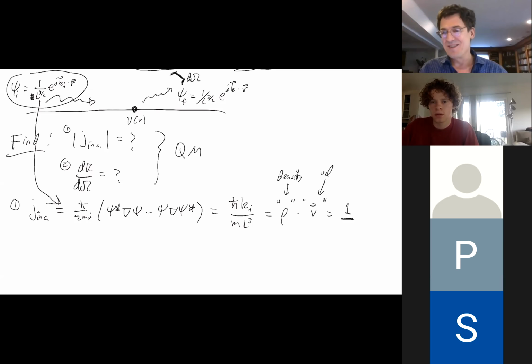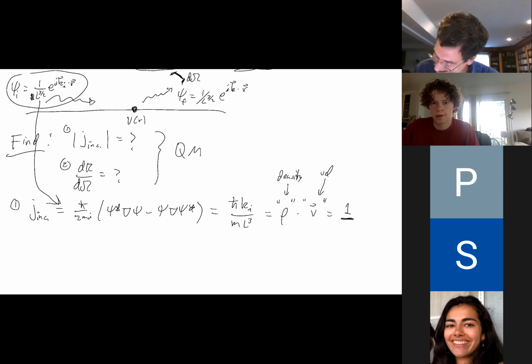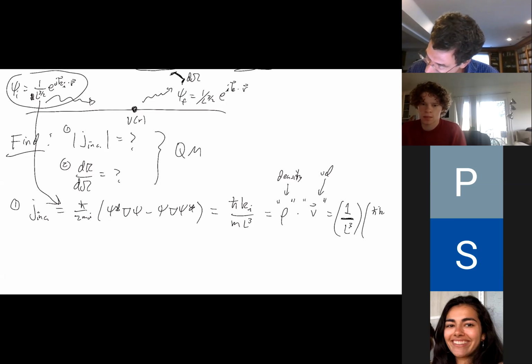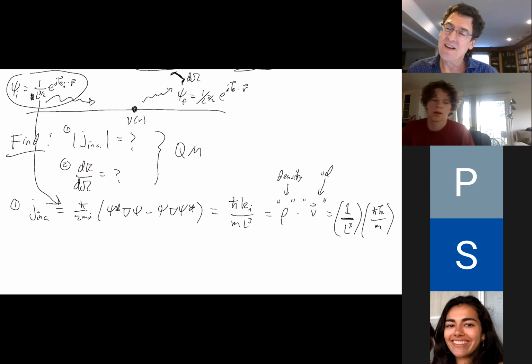And what's the volume? L cubed. Yeah, the size of the universe. So that's the density, that makes sense. And then the velocity is just h bar k over m, because h bar k is momentum, and momentum divided by mass is velocity. I just want you to see that this is a very intuitive result.